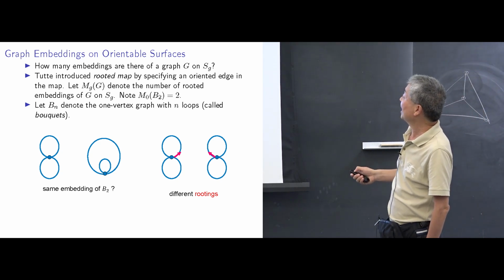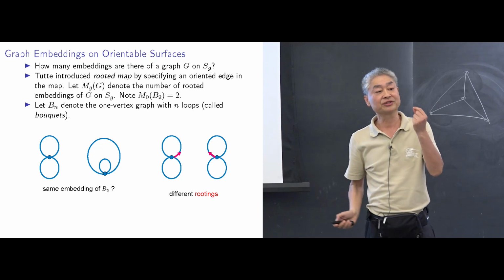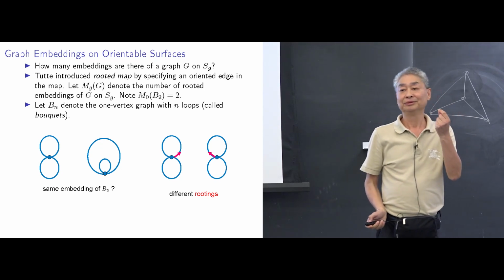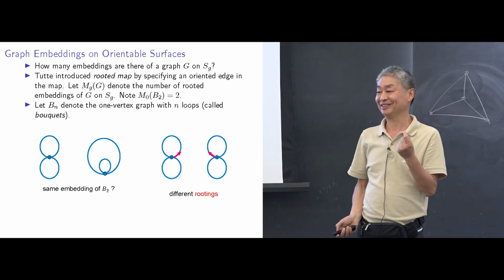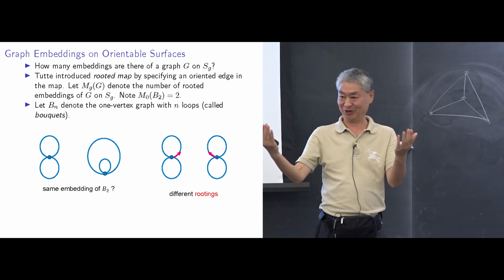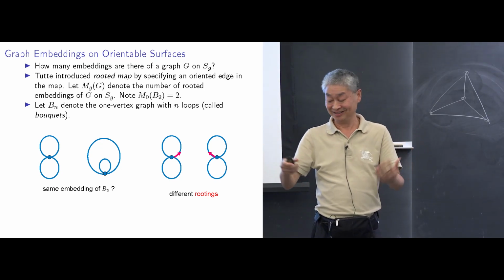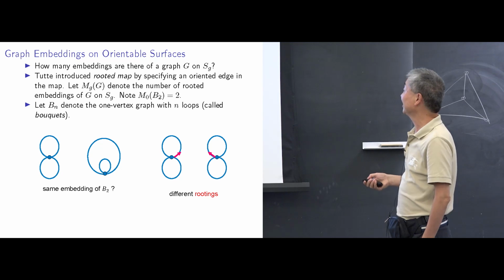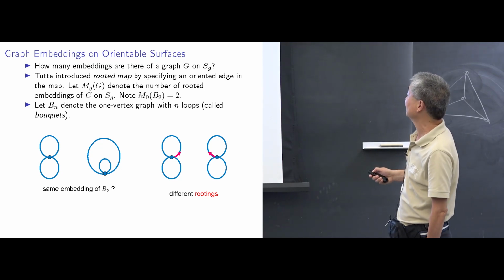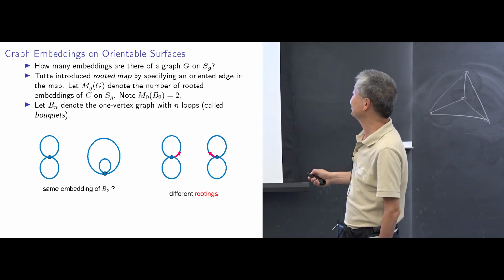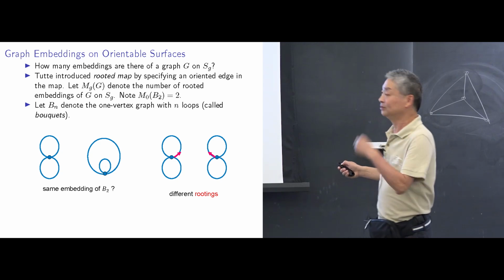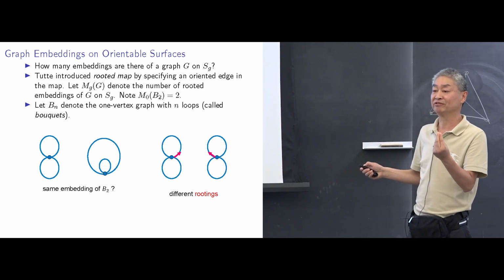Now, of course, before we answer this question, the first thing is to make sure we know how to do the counting, right? How do you distinguish two embeddings? Are they different or not? The simplest way was first introduced by Tutte, so-called rooting of a map, okay?